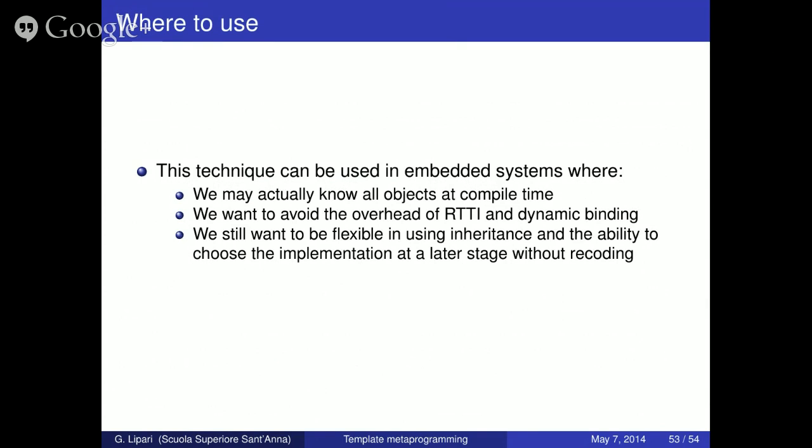But you still want to be flexible in using inheritance and the ability to choose the implementation at a later stage without needing to rewrite the program. So it combines, let's say, the flexibility of using a hierarchy of classes with avoiding the overhead of runtime type identification.